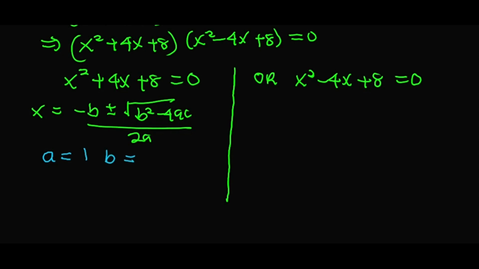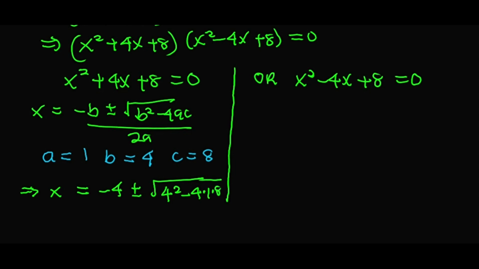B is the coefficient of x, which is 4. Then c is the constant, which gives us 8. So x equals negative 4 plus or minus square root of 4 squared minus 4 times 1 times 8 all over 2 times 1.